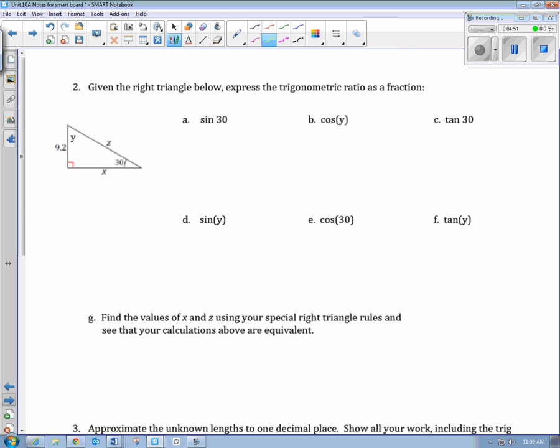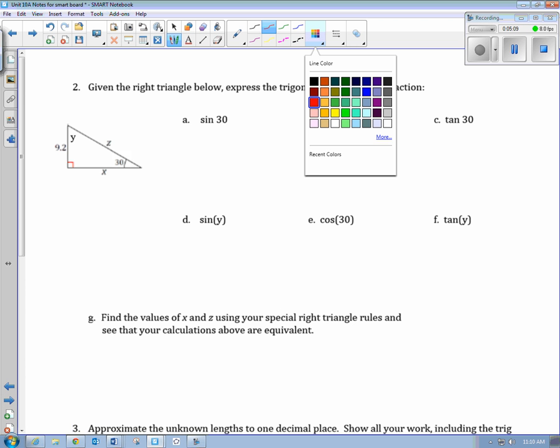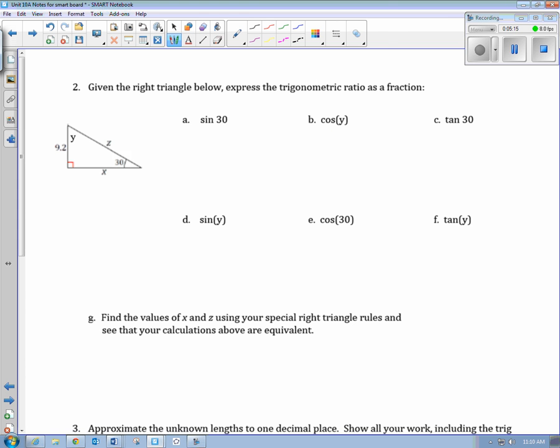When you go on and take a look at question number 2, there's a triangle that's drawn for us. It does have an X, a Y, and a Z in there that we technically at this point in time don't know the values of. If we take a look at the triangle separately, with respect to the angles, we can see that we have a 90-degree angle, a 30-degree angle, so this Y angle that's up here, we know is going to be 60.